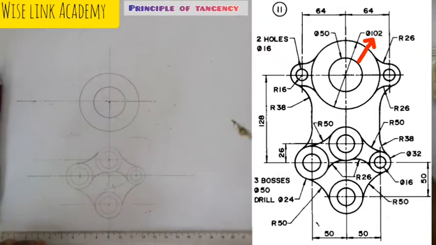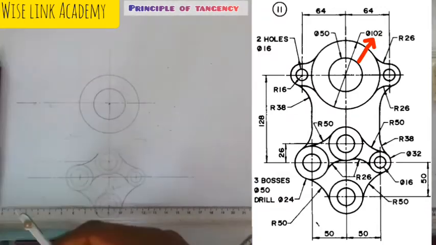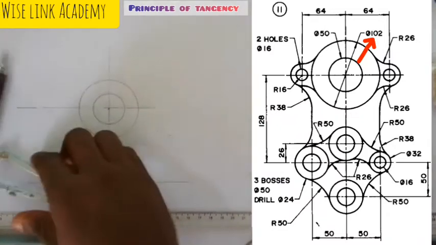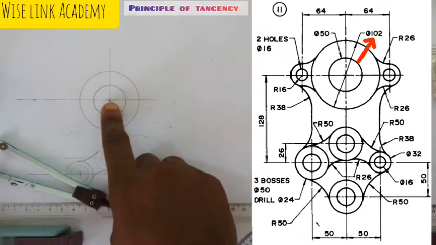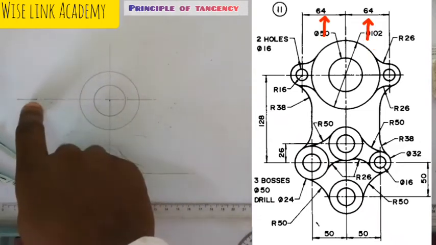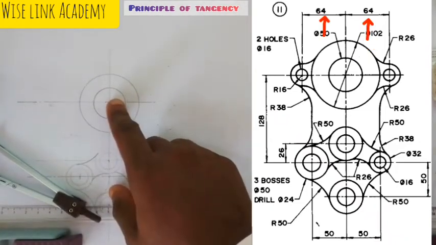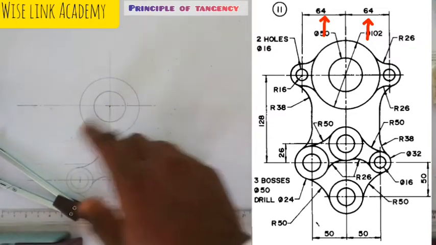All right. My next task, after I've drawn these two circles, is at this point here: the distance of 64 to the left and 64 to the right. I'm not using 64, rather I'm using 32, because half of 64 is 32.